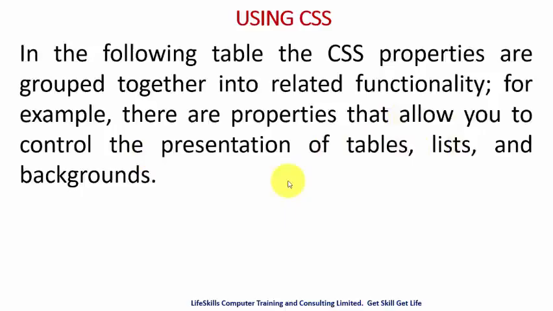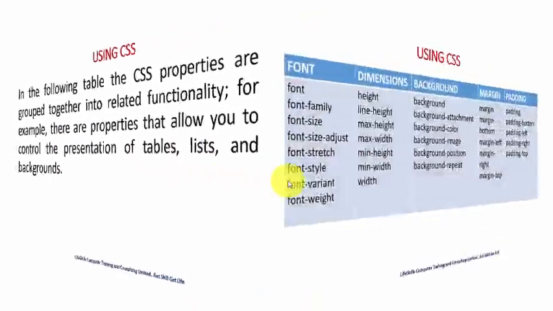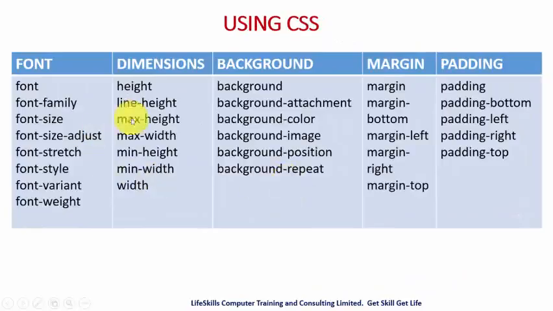So I'm introducing this table to let you have a glimpse of CSS properties. These are the properties related with font family, whether we are going to use Arial, Times New Roman, that's font family. Font size adjust, font stretch, font style, font variant, font weight, whether it's going to be bold or light.